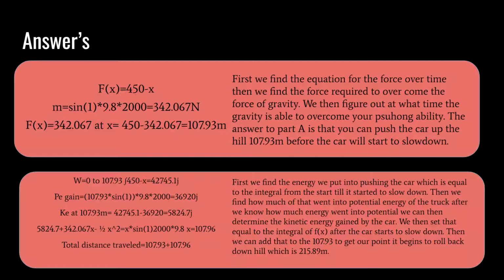The answer to part A is that you can push the car up the hill 107.93 meters before the car will start to roll downhill. You can see the equation where we figure out the mass relative to the surface, so how much we're actually having to overcome to push the vehicle, and then we set that equal to our equation to figure out the distance we could travel.